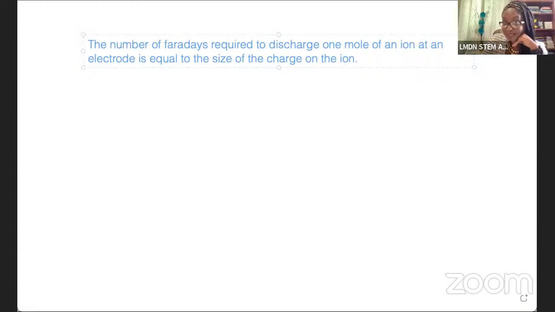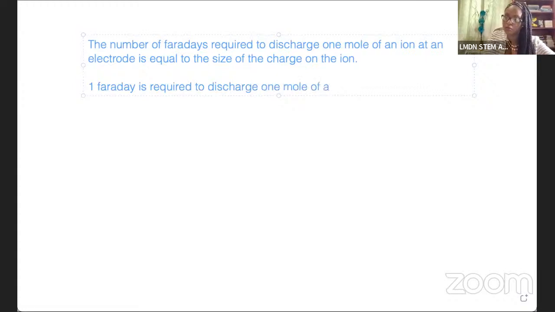So what does that mean? Can somebody tell me? So 1 Faraday would do what? 1 Faraday would be required to discharge 1 mole of an ion with a single charge.